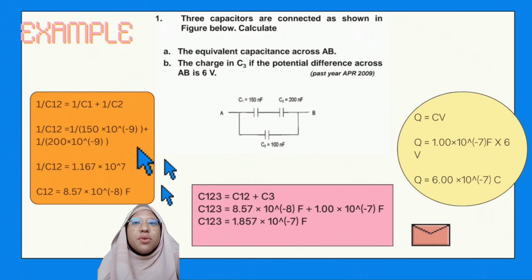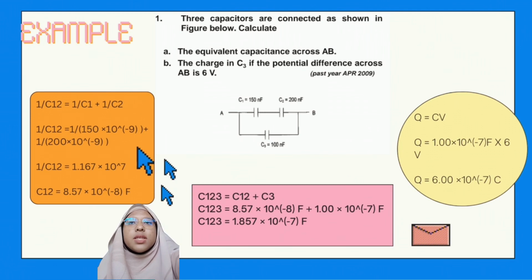Next, we need to know what combination of capacitors we need to use. In this question, we need to use both combinations of capacitors. First, we need to calculate the equivalent capacitance between C1 and C2. From the formula, 1 over C12 equal to 1 over C1 plus 1 over C2. 1 over C12 equal to 1 over 150 times 10 to the power of negative 9 plus 1 over 200 times 10 to the power of negative 9.